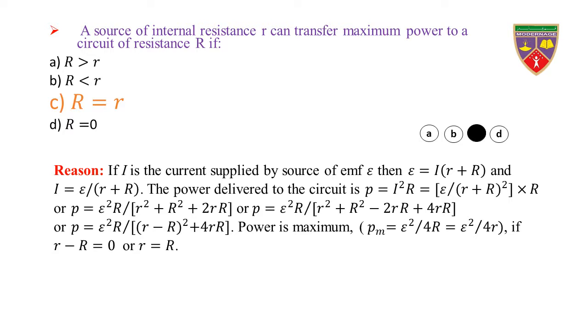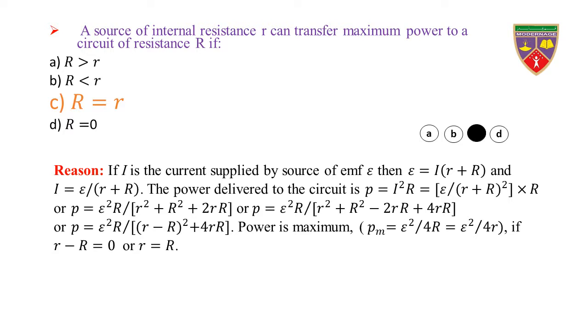P is equal to epsilon square into capital R divided by [r square plus R square plus 2rR]. P is equal to epsilon square into R divided by [r square plus R square minus 2rR plus 4 small r into capital R].